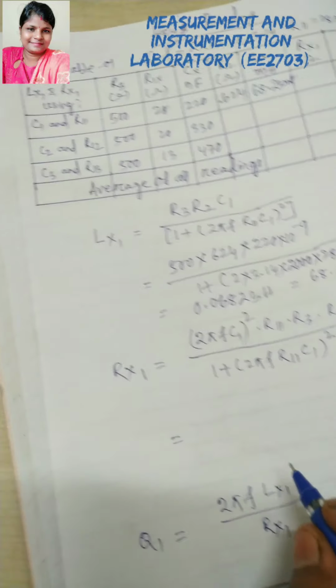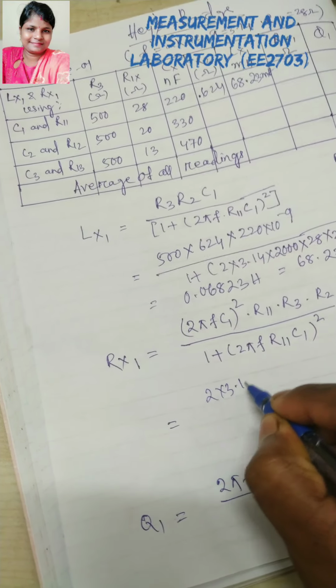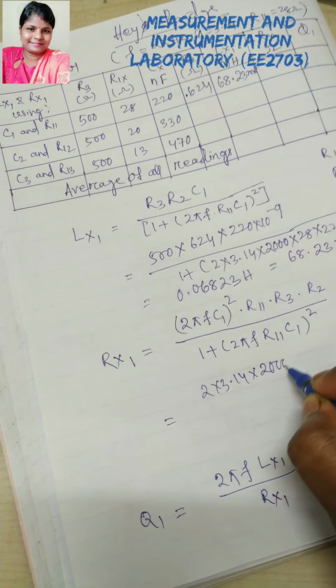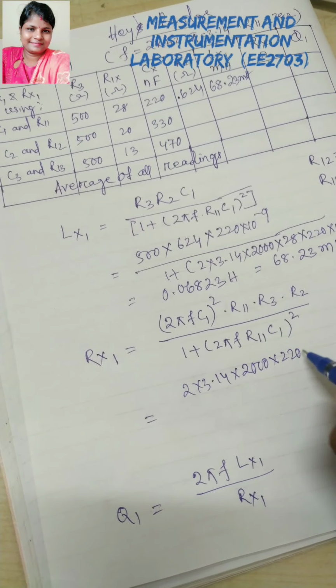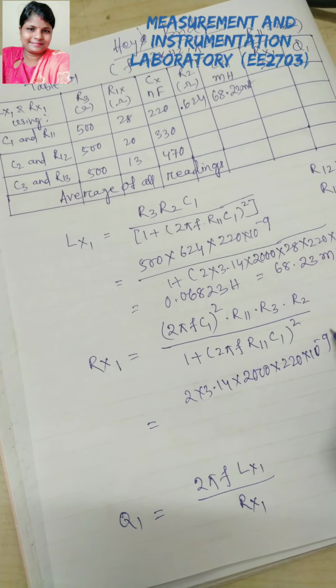For calculating RX1: 2 into 3.14, f is 2 kilohertz, 2000, C1 is 220 nanofarad, 10 to the power minus 9, squared.